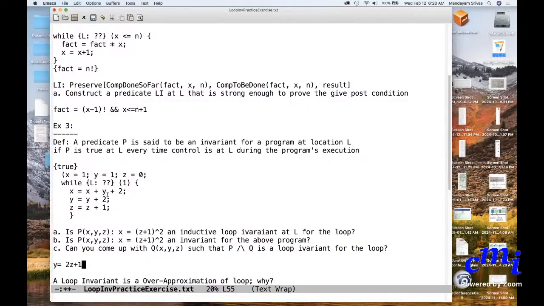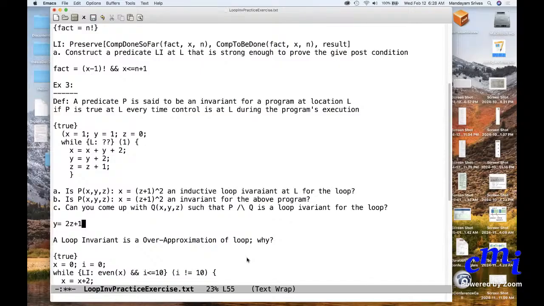Inductive as well as an invariant, because it will hold the first time you are at L. This is something that you need to be aware of. If it's not inductive, you need to think, let me see if there is some other relationship that is missing in the loop invariant that I need to add as an additional condition.